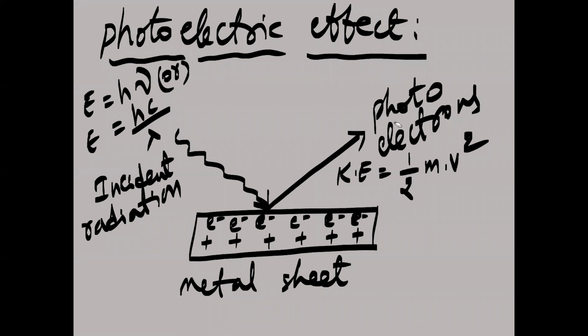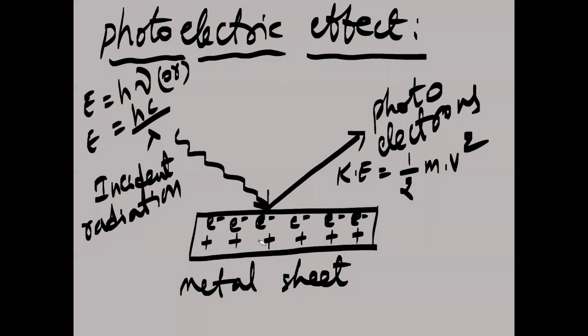These emitted electrons are called photoelectrons. Photo means light, so by this incident radiation, some electrons are emitted. These photoelectrons are moving with certain velocity v, so they have kinetic energy equal to half mv square.